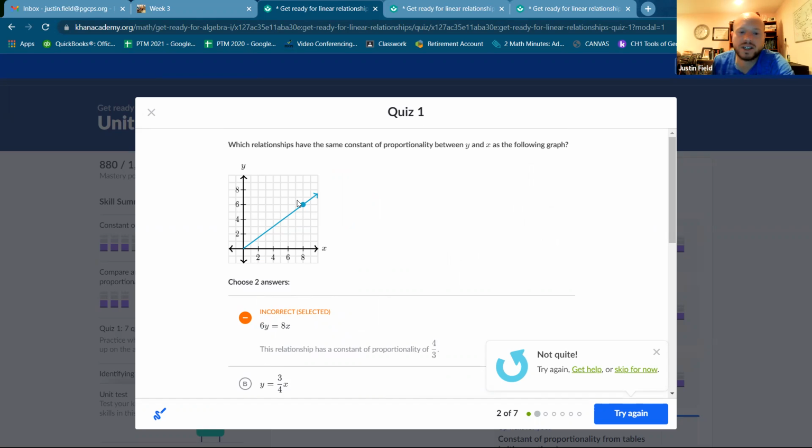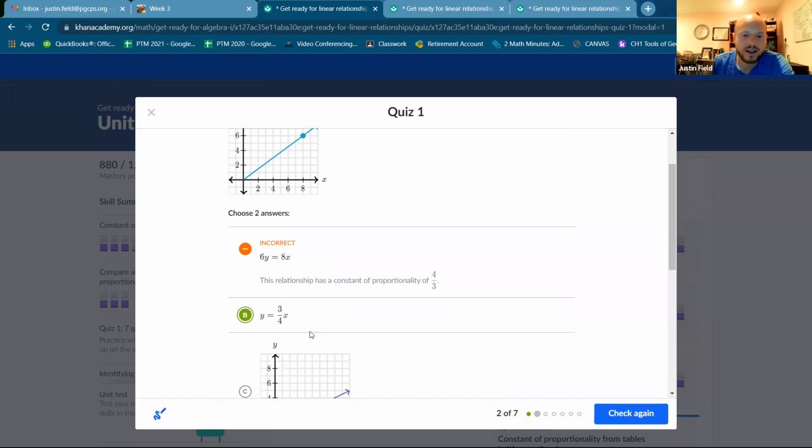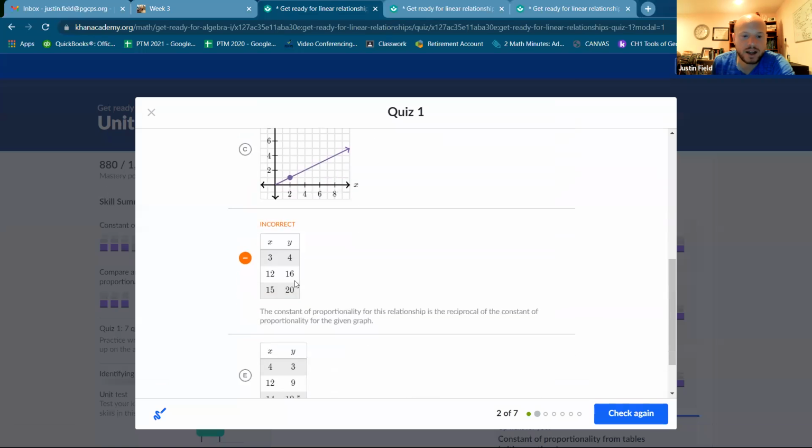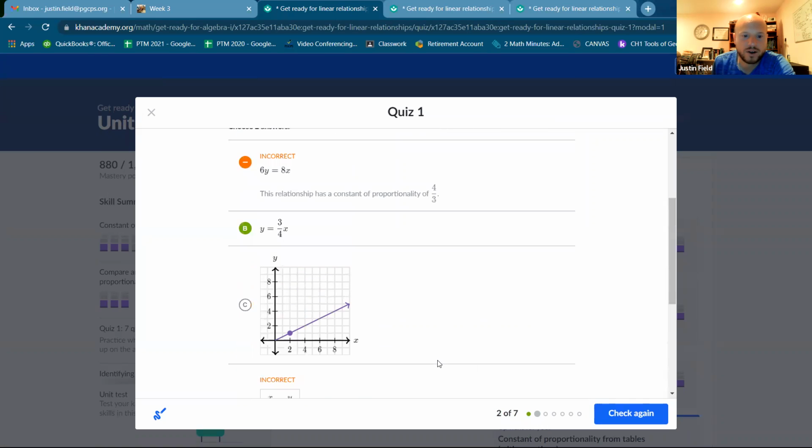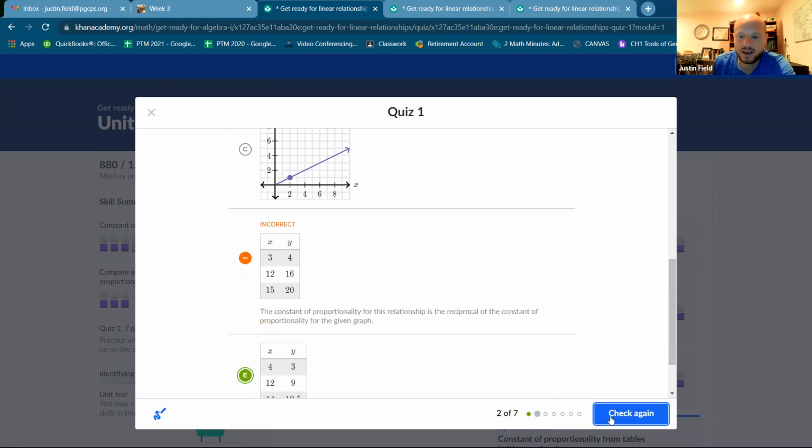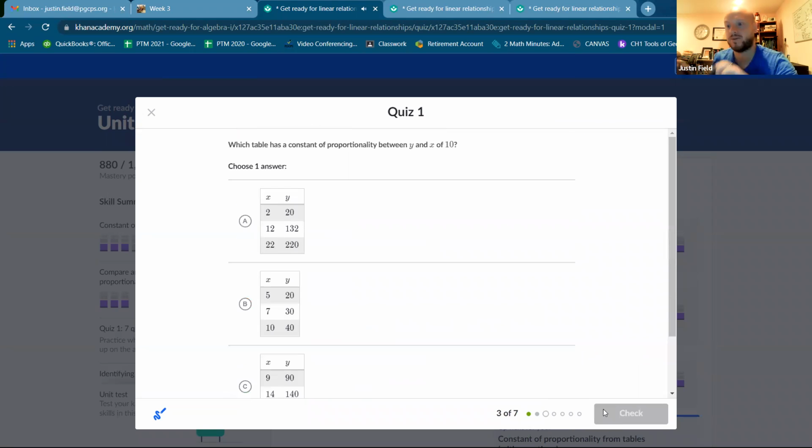Y over x would be 6 over 8. So I had it flipped in my mind, flipped upside down. So there we go. Now I know it's B and E. Yellow problem for Mr. Field. Although all the things I said were correct, I flipped the x and y when I was looking at the graph. So you be careful not to do that as well.